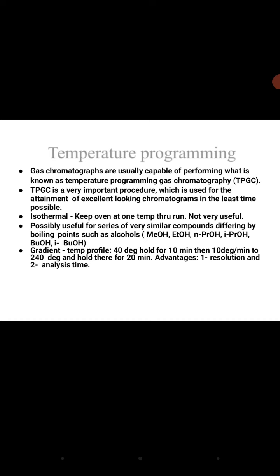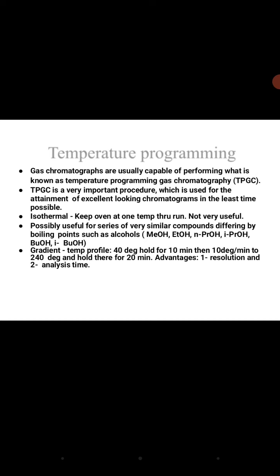Temperature programming. Gas chromatographs are usually capable of performing what is known as temperature programming gas chromatography, TPGC. TPGC is a very important procedure which is used for the attainment of excellent looking chromatograms in the least time possible.